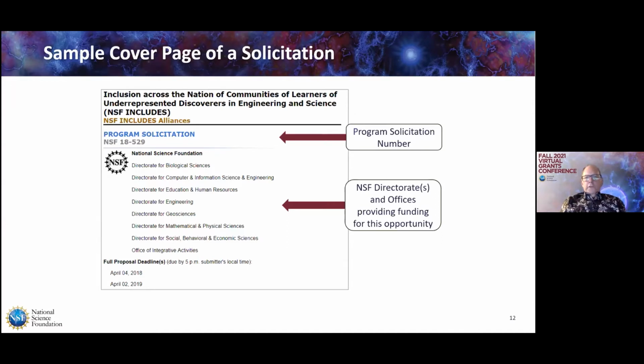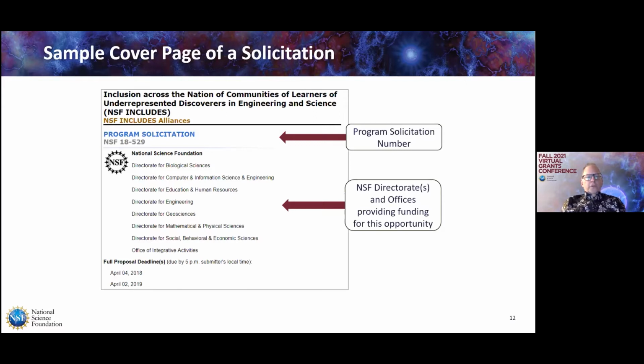So what I would like to do now is talk about some of the details in the solicitations. Notice that NSF uses the word solicitation, not call or RFP, request for proposals. There's a distinction between all of those. So we'll stick with the word solicitation and go from here.